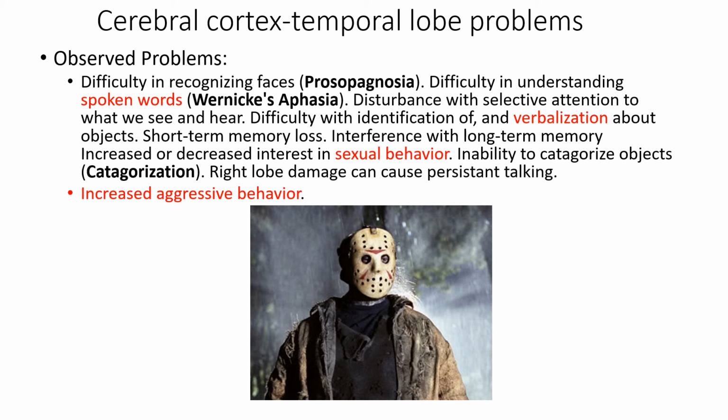You might have increased or decreased interest in sexual behavior, an inability to categorize objects, and in specifics, if you have right lobe damage, it can cause persistent talking. And you can also have increased aggressive behavior with temporal lobe problems.